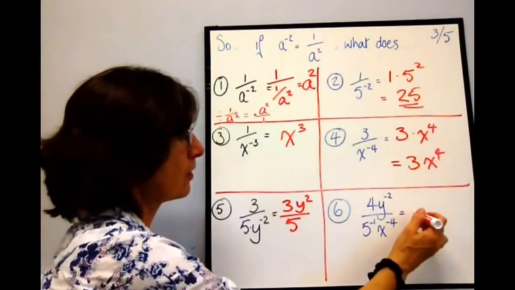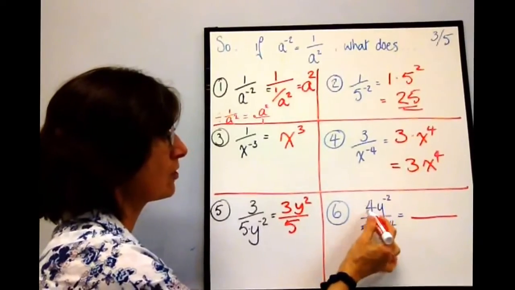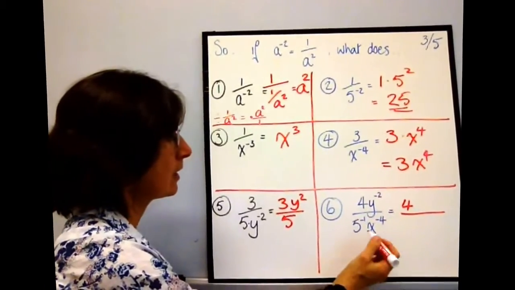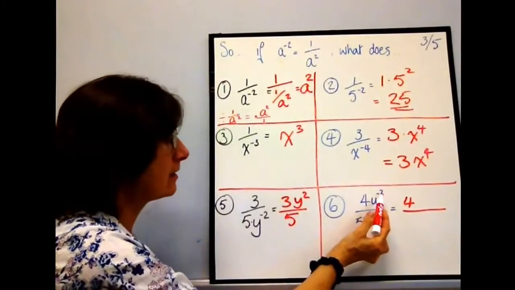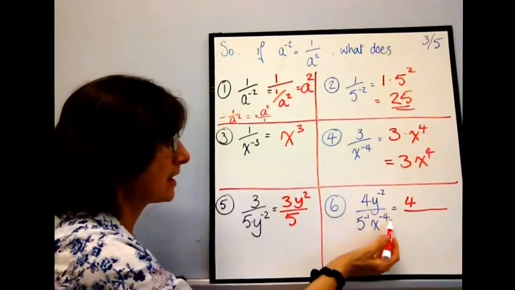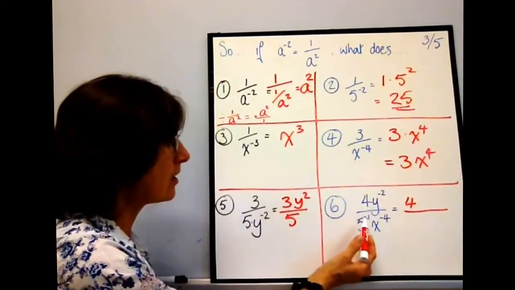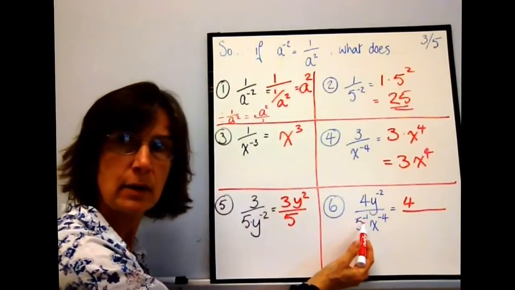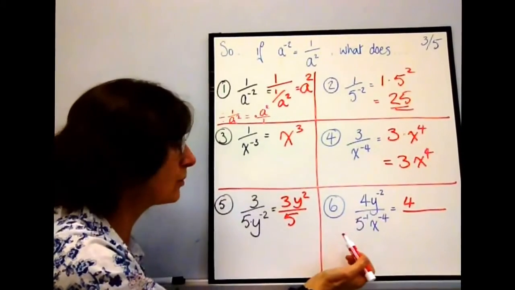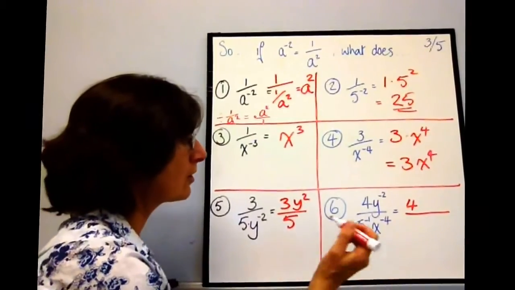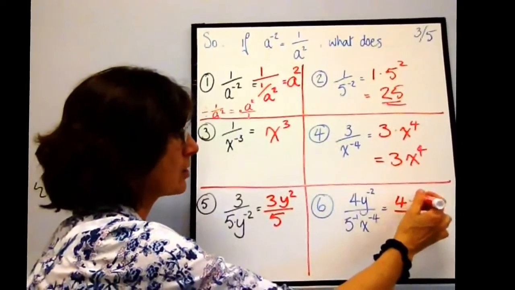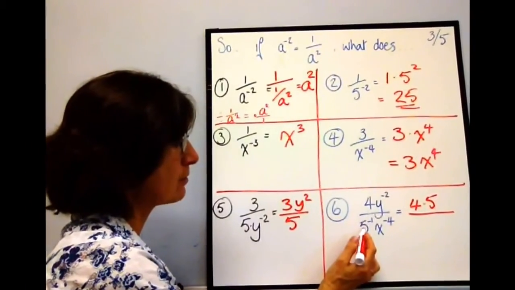So, what have we got going on? 4, not moving. This y to the negative second, upstairs, he's going to go down. The x to the negative 4th is going to go up. And this 5 to the negative first power, he has to go upstairs too. So we've got a lot of movement going on. The 4 stayed where it was, but I'm going to multiply it with the 5 that's moving.